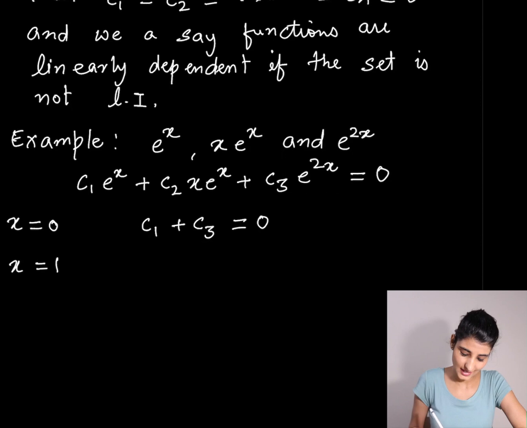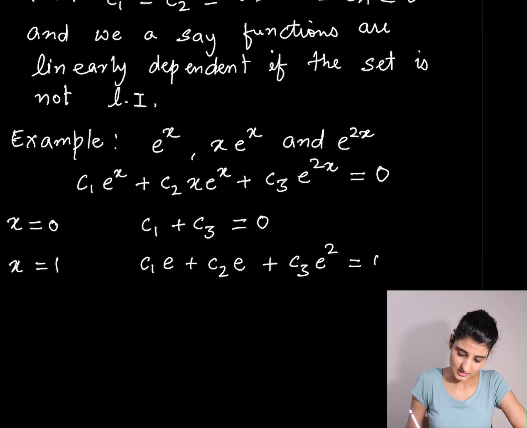If we substitute x equal to 1, we will get c1 e plus c2 e plus c3 e square equal to 0, right?